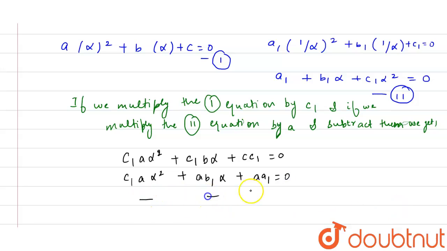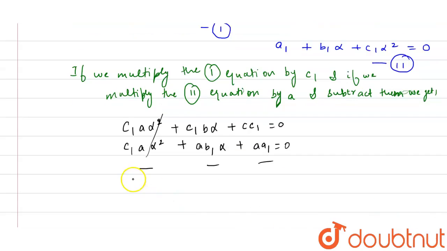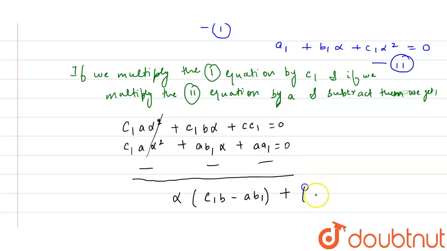Now if we subtract these, the two alpha square terms cancel out. Taking alpha common, we get alpha times (c1b minus ab1) plus (c1 minus a1) equals 0.